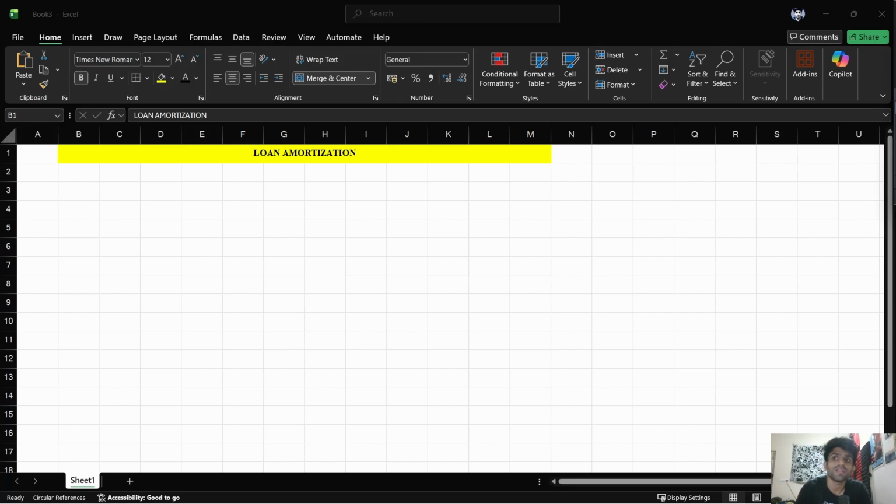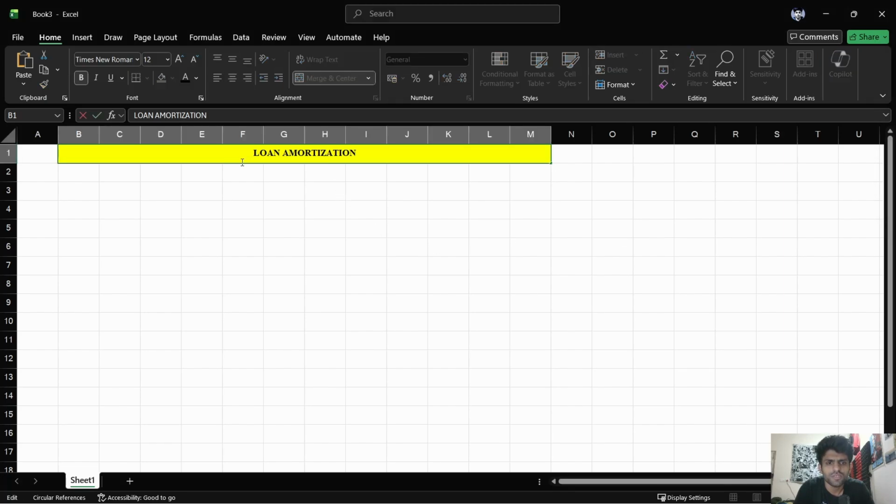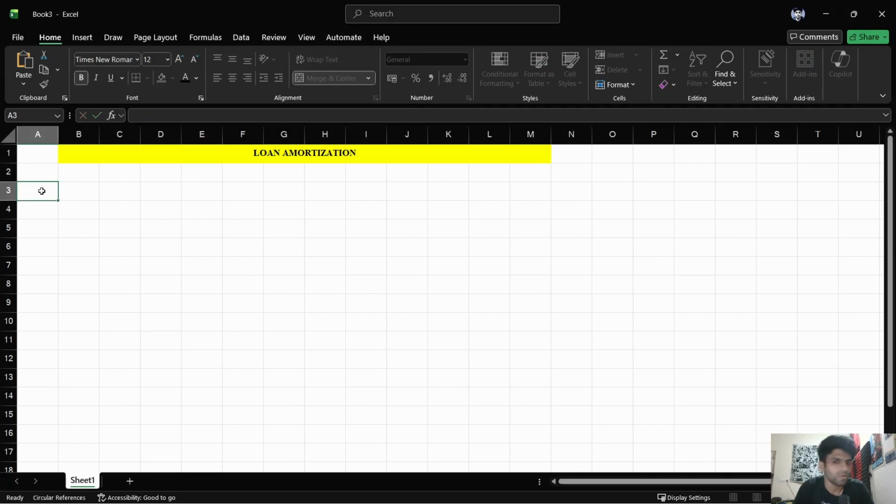So today we are tackling one of the most critical yet often misunderstood concepts in personal finance, which is loan amortization. First I'd like to tell you something about loan amortization. To give you an example, you must have taken out a loan sometimes, be it a personal loan, a car loan or a home loan.